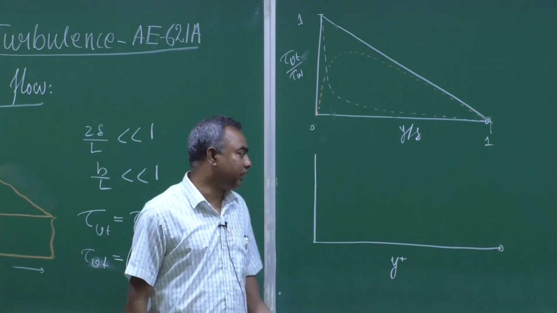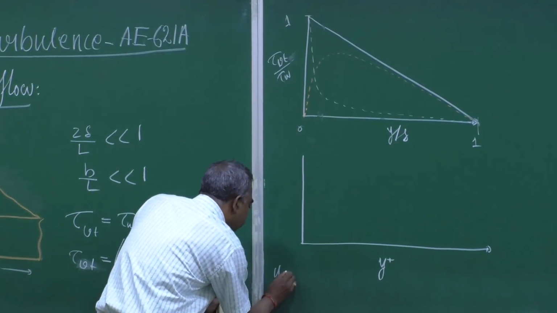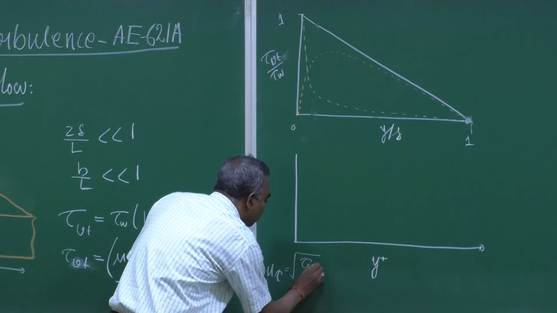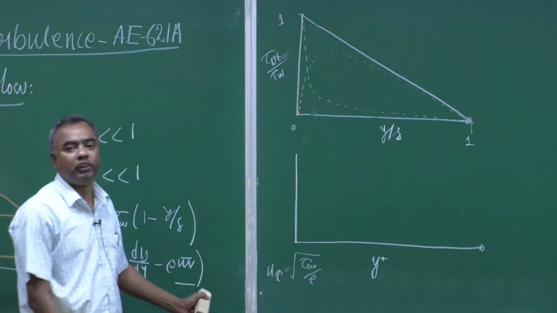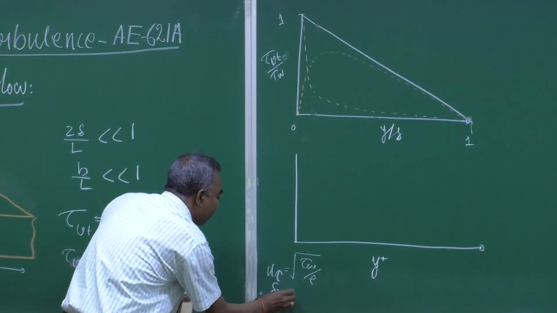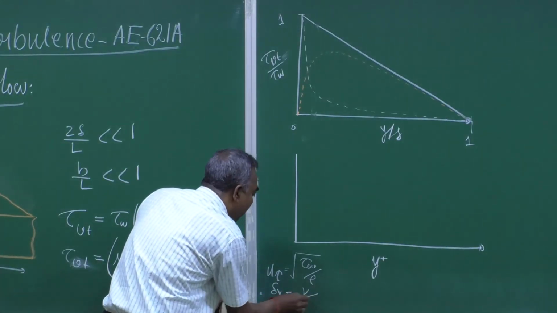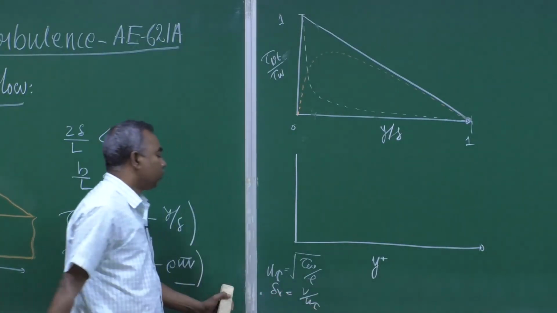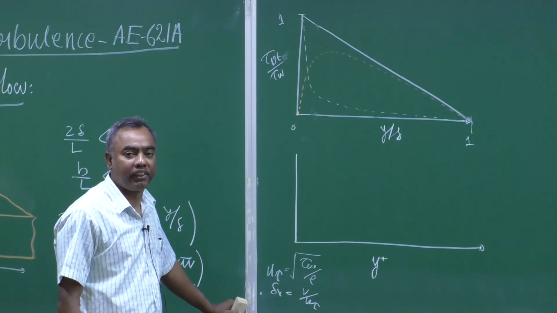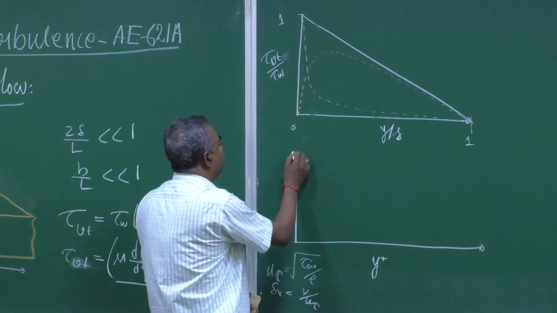The velocity scale is u tau, the friction velocity, which is defined by the square root of tau w by rho, where tau w is the wall shear stress. And delta v is our viscous length scale near the wall, which is nothing but nu by u tau. So, these are the two scales, one velocity and one length, which are appropriate near the wall. Okay. That is what we talked about in the last class.